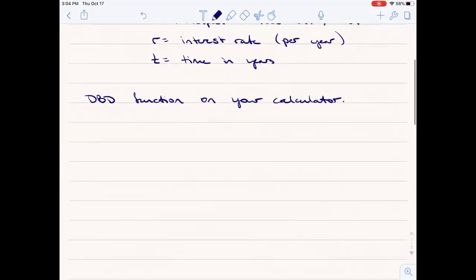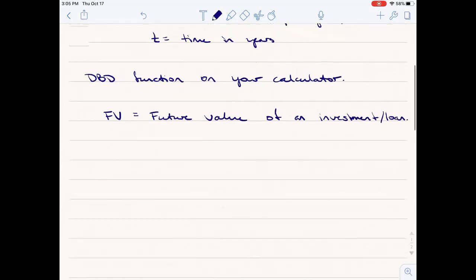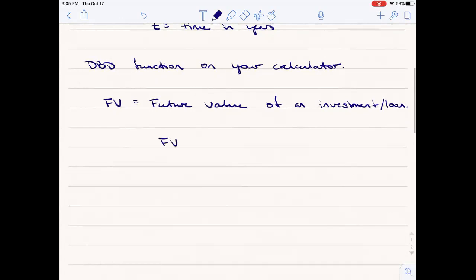And then we talked about the future value of an investment or loan. The future value is the principal amount plus the amount of interest. But that's not what's on your formula sheet.